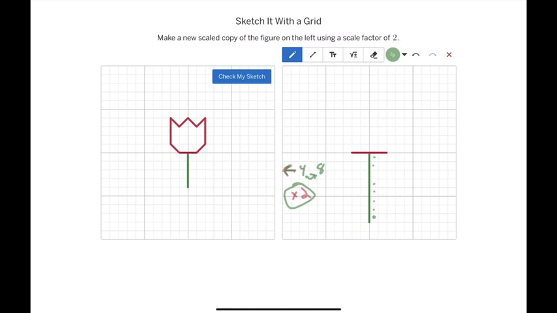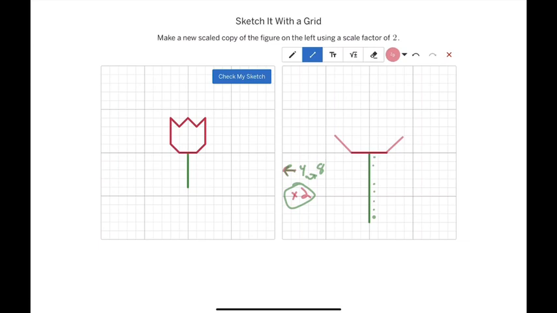So this distance here for the flower now, if I go from here, it starts as 1, but I'm multiplying everything by 2, so it goes up 1 over 1, up 1 over another, so now it goes to 2. And again here, to 2.